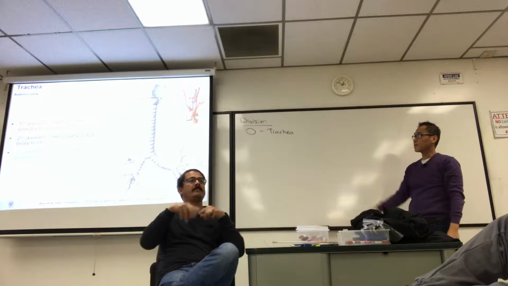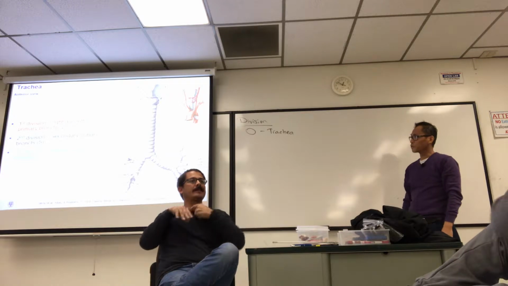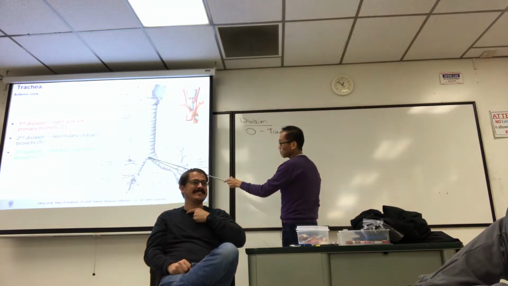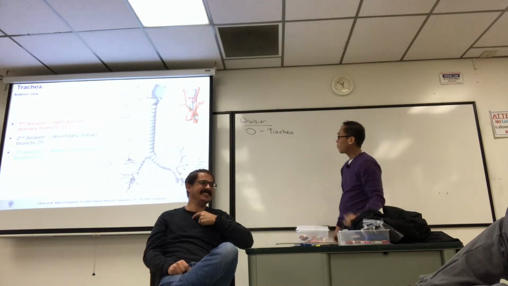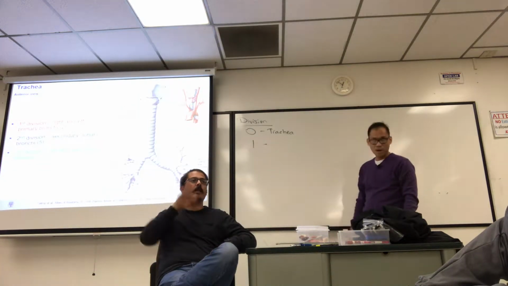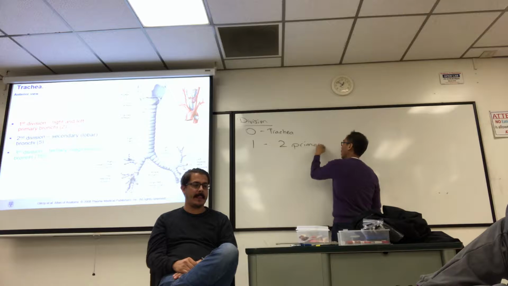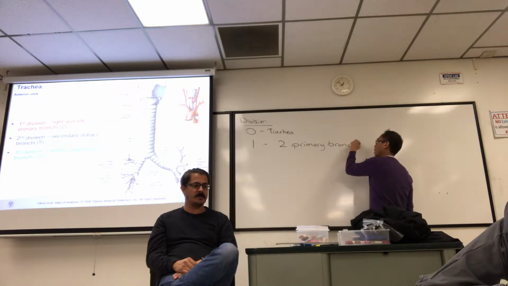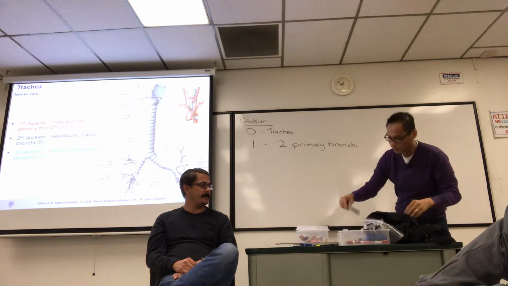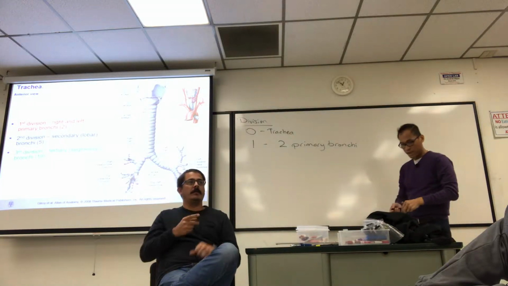But what we already noted about it is everything I want you to know. It's got the C-shaped cartilage rings. That's the main structural feature. It divides at the carina, which I call the underpants. But anyways, that first division, one airway divides into two. You're going to have two primary bronchi. Primary because it's the first division, the right main bronchus and the left main bronchus.